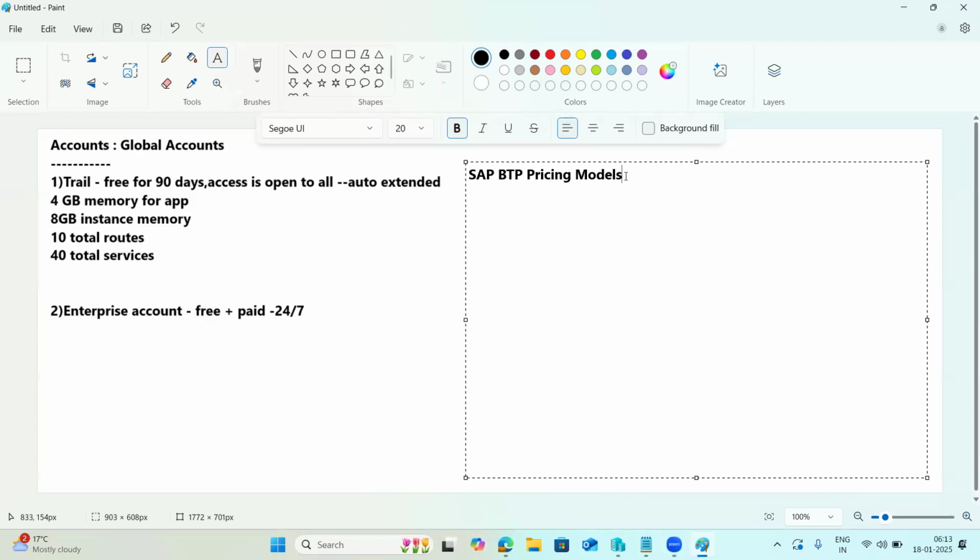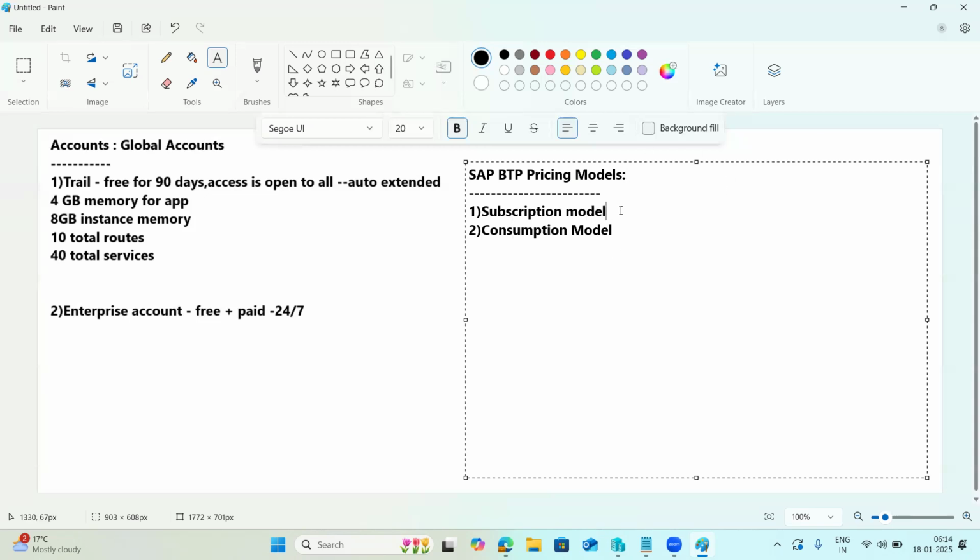Here in the BTP pricing model, there are two types of pricing models available. One is the subscription-based model, and the second one is the consumption model.